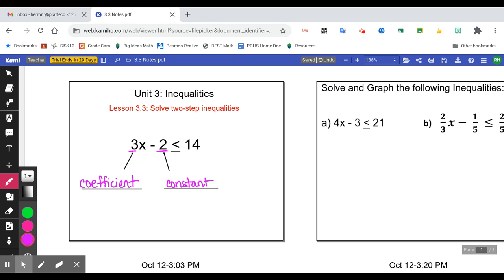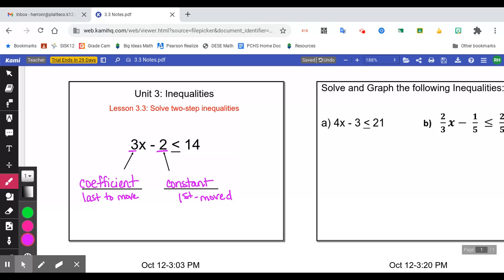Okay, so we always want to move the constant first, and move it to the other side by doing the opposite, like we talked about in the other lesson in all of our equations. And then the coefficient is what's going to go last. Every time you have something with the variable, that's the last to move, usually by multiplying or dividing in our equations.